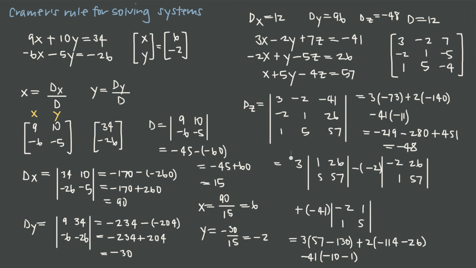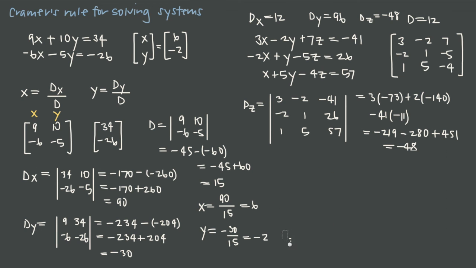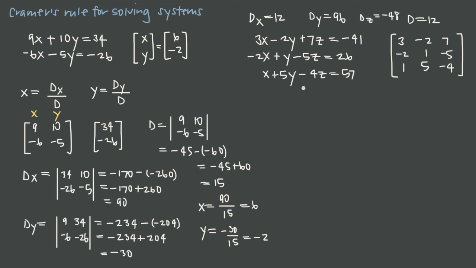Now we'll just get rid of everything that we have here, and all we have to do is calculate our values for x, y, and z. So Cramer's rule is going to tell us that x is going to be given by dx over d, or in this case, 12 over 12, or 1.